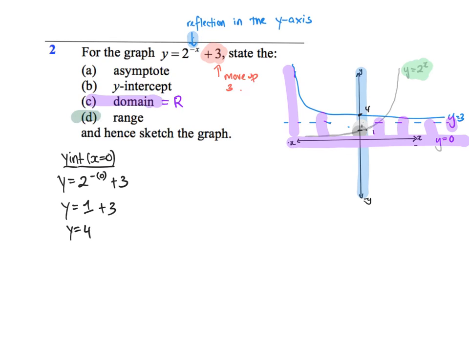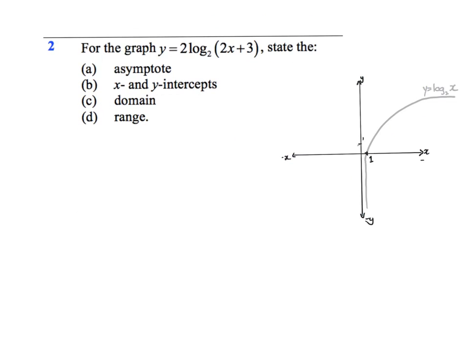And then the range is what y can be. Looks like it can only be from there up. So what are we going to say? Curved bracket, 3, infinity. Okay? No worries.